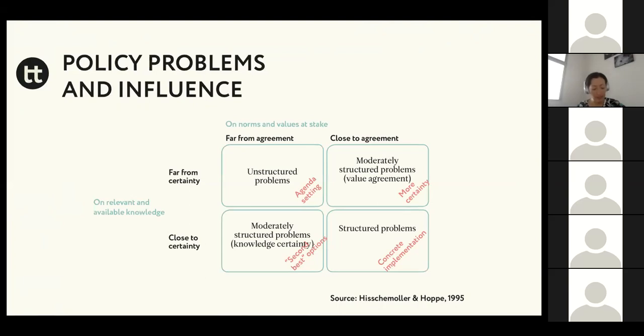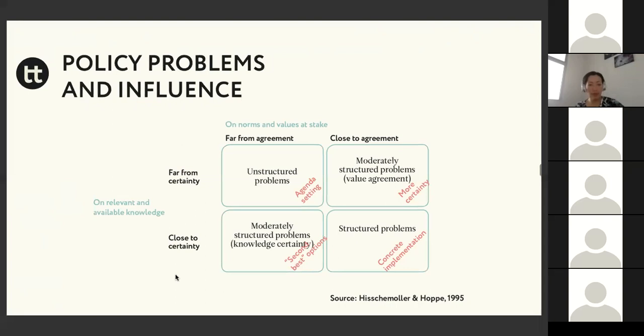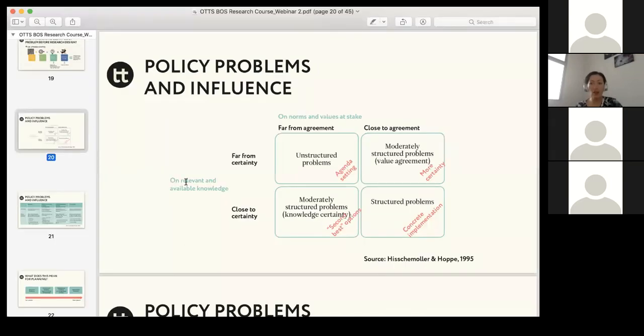So here we have an initial comment saying that maybe you're working mostly on unstructured problems. What do the others think?